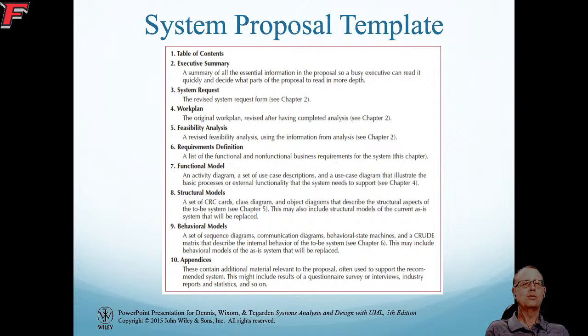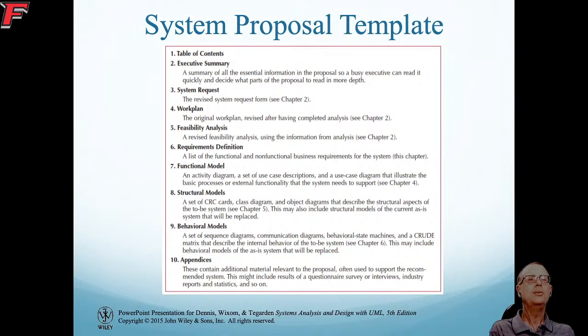Then there's the written down requirements, the shall statements, both the functional and the cross-functional. And then we get into a bit more object-oriented analysis, where we write down use case diagrams, use case descriptions, activity diagrams to show the processes that we're trying to replace or implement. Then once we've got those, we can identify the analysis classes and put them together into a structural model, a class diagram or an object diagram.